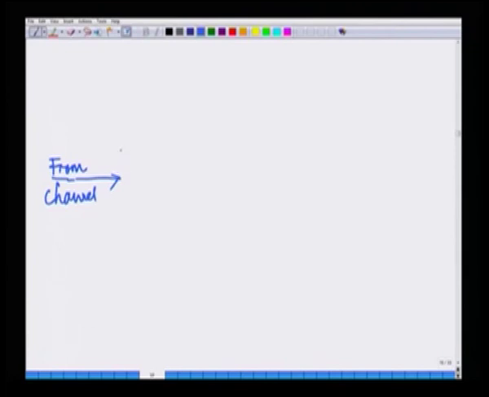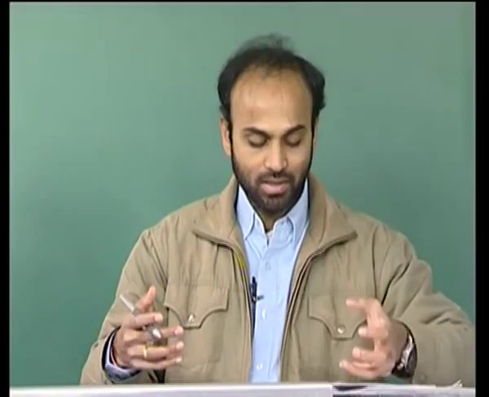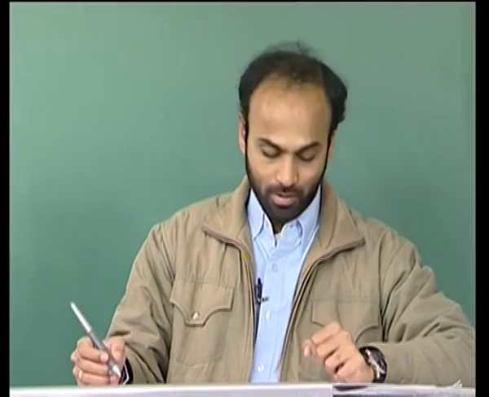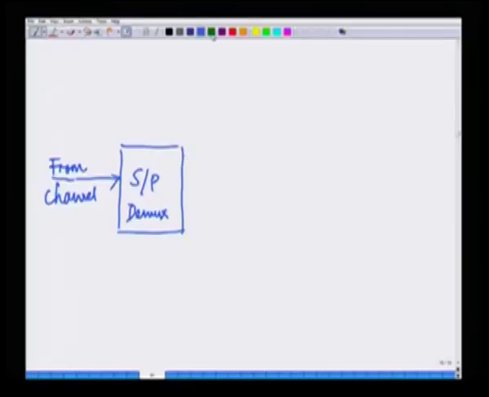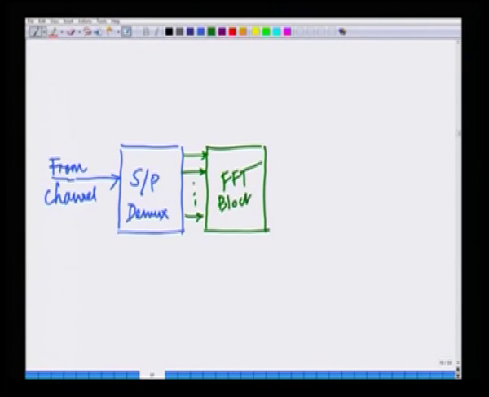I first perform, again similarly, the serial to parallel demux operation, that is I demux this, because remember I have to pass this to the FFT block. So I demux this and then I pass this to the FFT block.